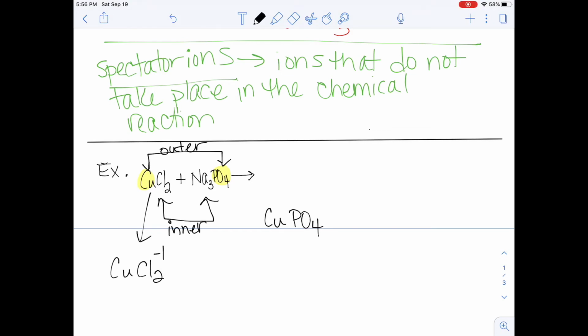Chlorine is always a -1 charge because it's in the 7th family, or halogen family. -1 times 2 means there's a total -2 charge. Therefore, in order to make sure the compound is neutral, this copper has a +2 charge. We bring that over here. Now, if you look on your ion sheet, phosphate always has a -3. If we crisscross these charges, we get Cu3(PO4)2.